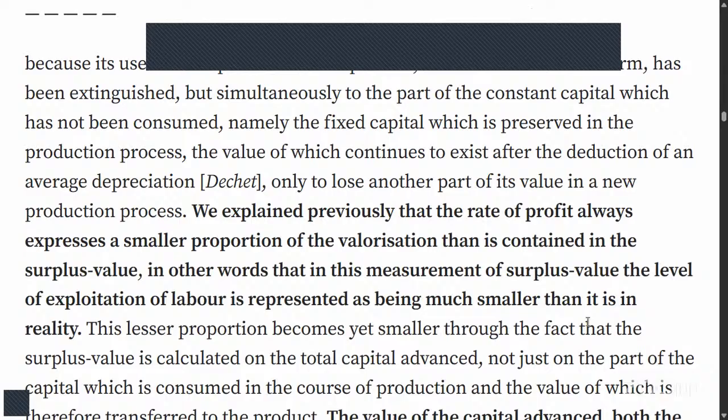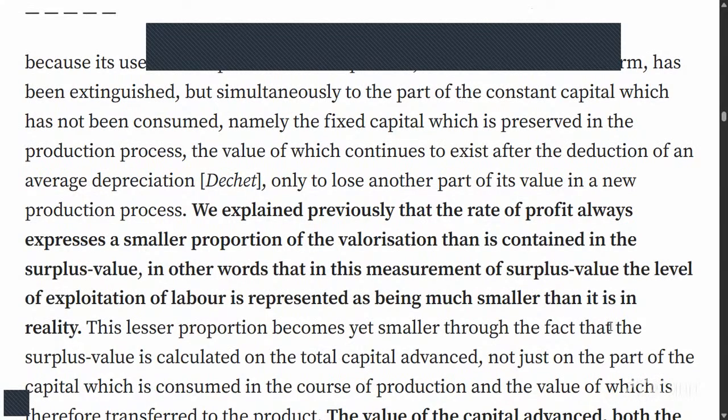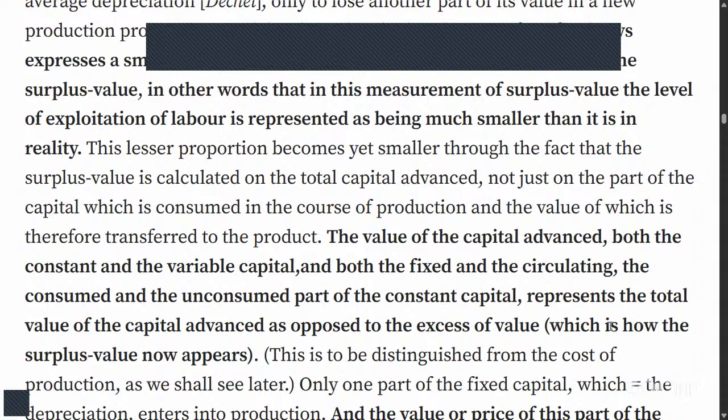This lesser proportion becomes yet smaller through the fact that the surplus value is calculated on the total capital advanced, not just on the part of the capital which is consumed in the course of production, like raw materials, and the value of which is therefore transferred to the product. And hence, with all due respect, you can valorize the waste product or the leavings from that as well.